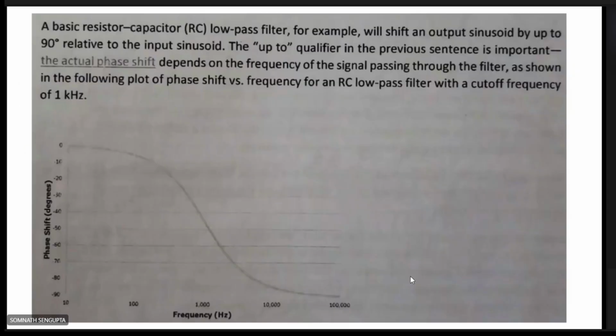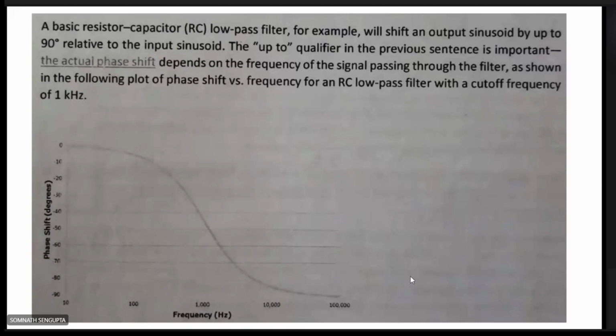You see the graph here, frequency versus phase for a simple RC low pass filter. Gain changes as well as phase changes. So what we need is that this change of phase should be linear with respect to frequency.